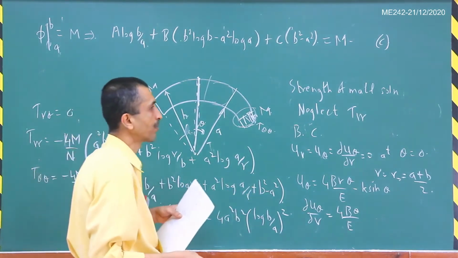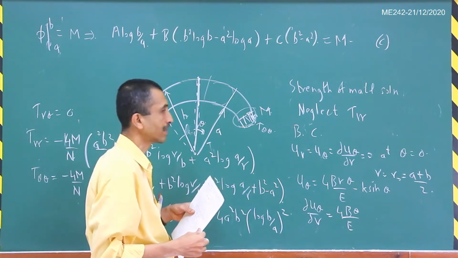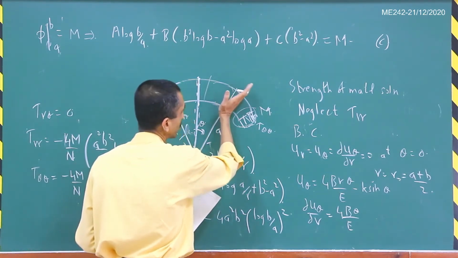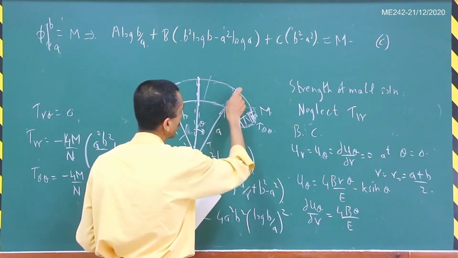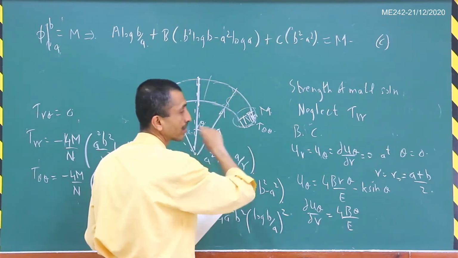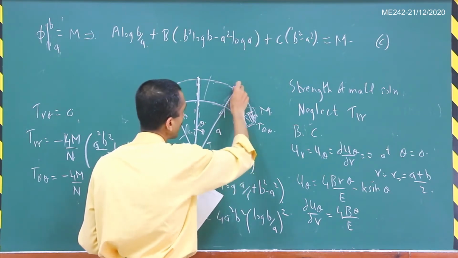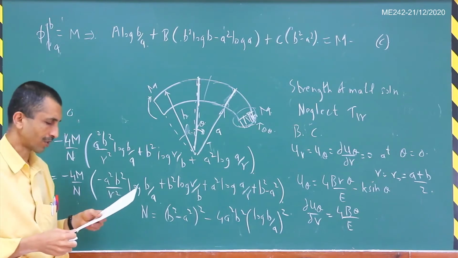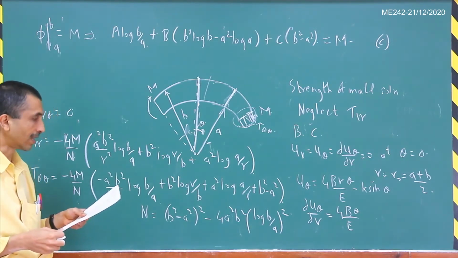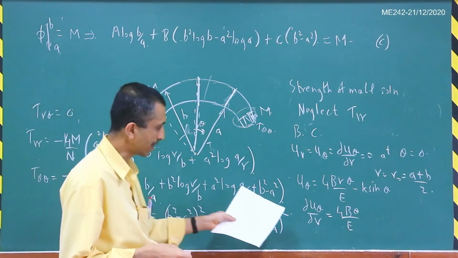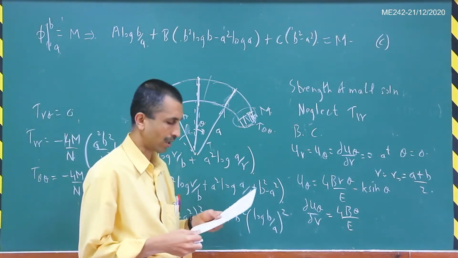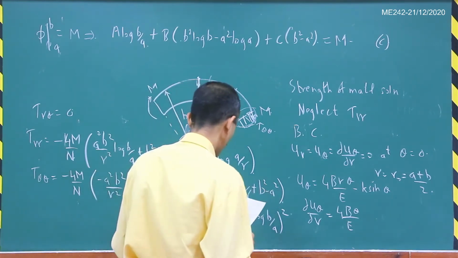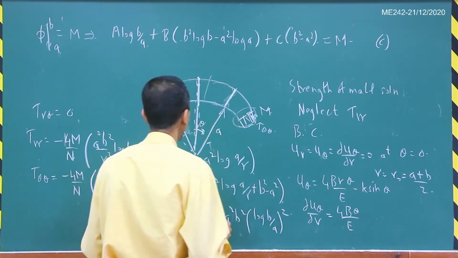At a particular theta, del u theta by del r is a constant, and so basically what that says is that your plane cross section is remaining plane. There is no deflection, no displacement like this. Whatever is plane is remaining plane, because del u theta by del r is just a function of theta alone, and so if you take theta to be a constant, then del u theta by del r is also a constant. Let us write that here.